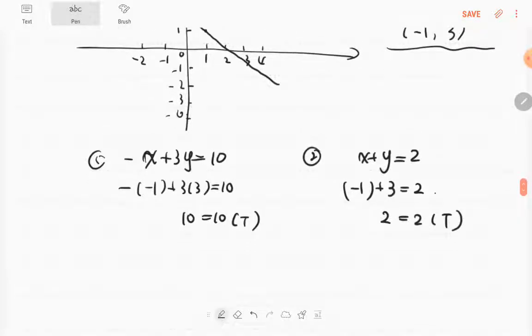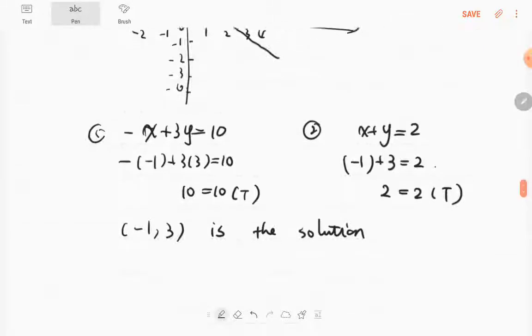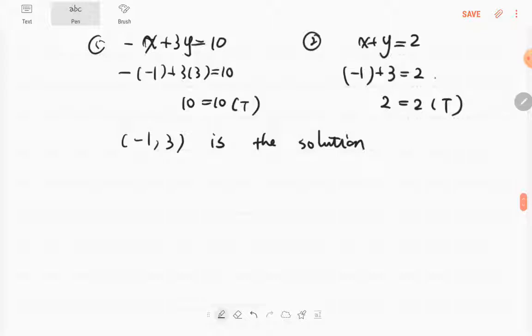Again, if both equations are true, then we will conclude this point we get from the graph, negative 1, 3, is the solution of the system.